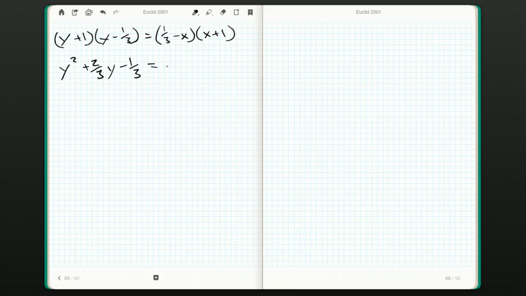So plus 2/3 y minus 1/3. And that's going to be 1/3 minus 2/3 x minus x squared.